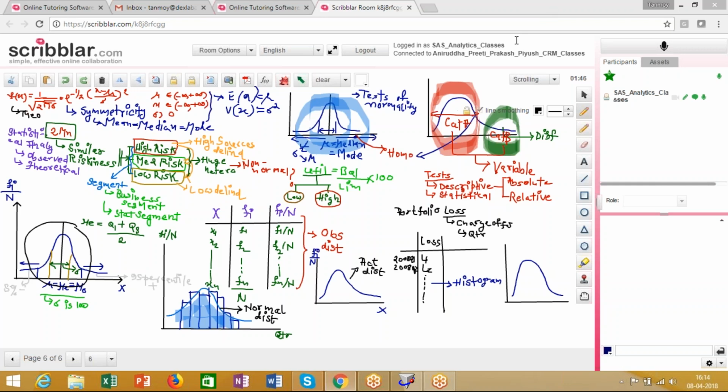To derive a statistical test, I need to define one thing for the two distributions. That is known as the cumulative distribution function.